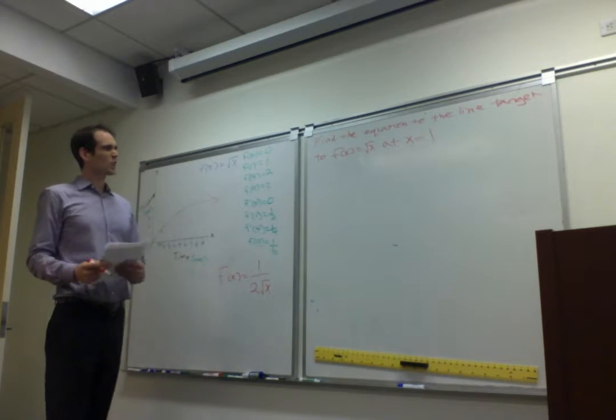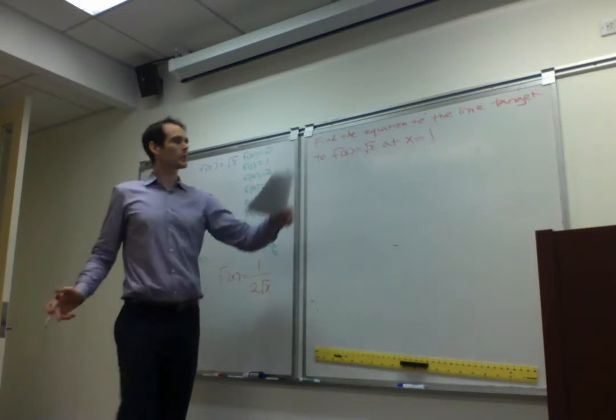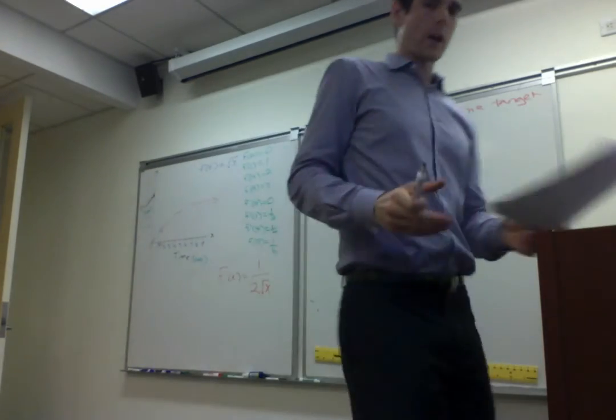All right, the equation to the line tangent to f of x equals the square root of x at x equals 1.